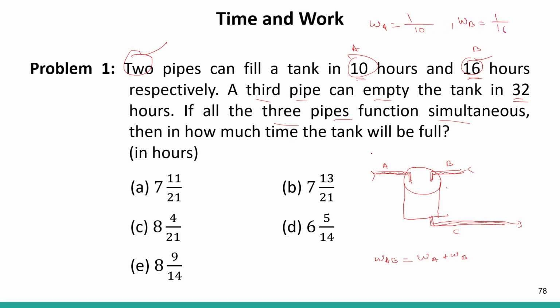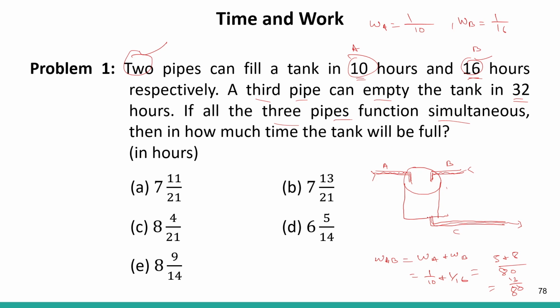So this is 1 by 10 plus 1 by 16. This much of the tank is filled per unit time. The LCM is 80, so it will be 8 plus 5, which is 13 by 80.